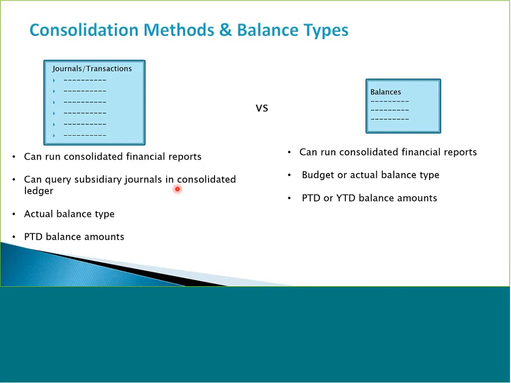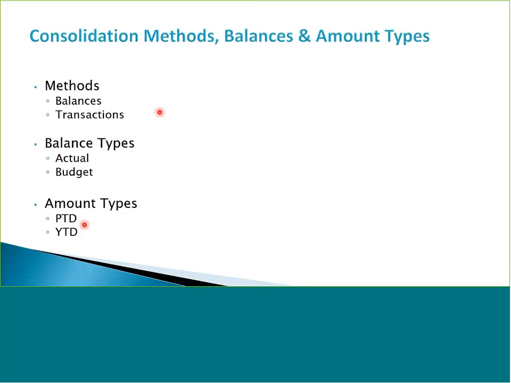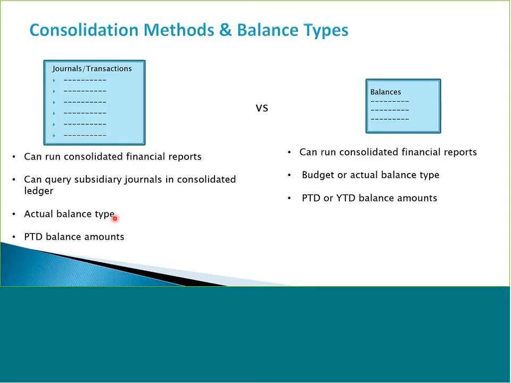The other thing about the transactions consolidation method is that with this you can only do consolidation with actual balances. For the balance type here, with the transactions method, you can only do actual balances.